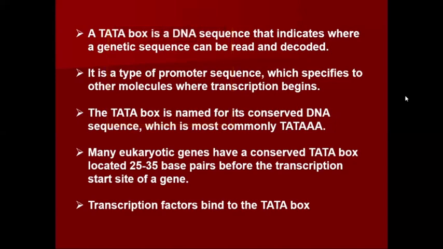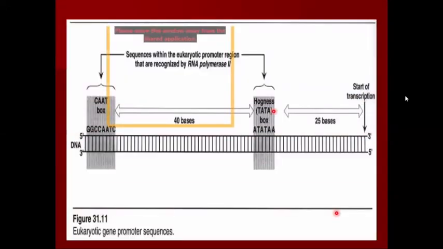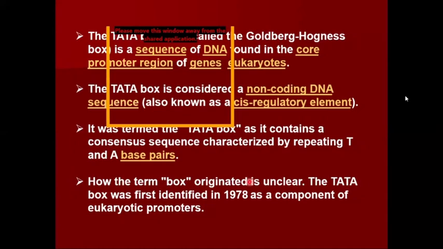And it is the transcription factor that binds to the TATAAT box. Okay? There. What's the other name? Hogness box. Okay? Hogness box. Okay, I think I mentioned this already. It is a non-coding DNA sequence.